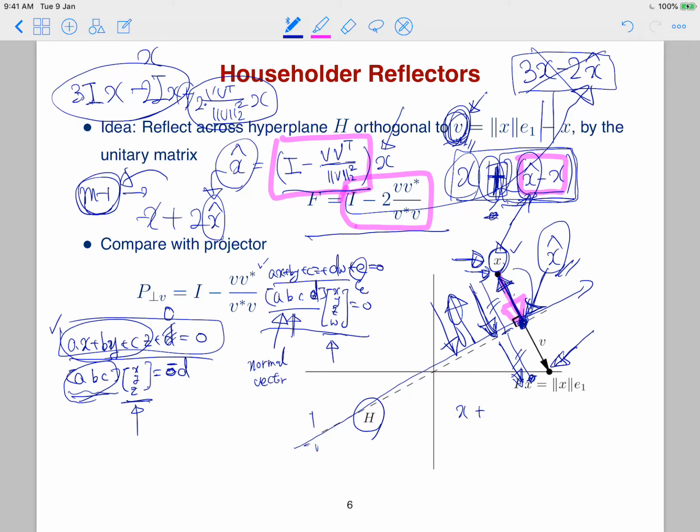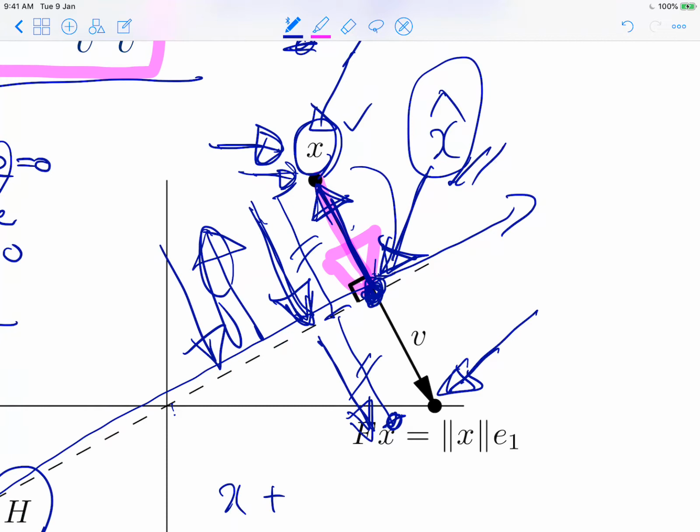Another, maybe simpler, explanation to derive this is, if we start from x, and suppose our vector v is as seen here, v is like this vector. We just directly project this vector x onto this line v.